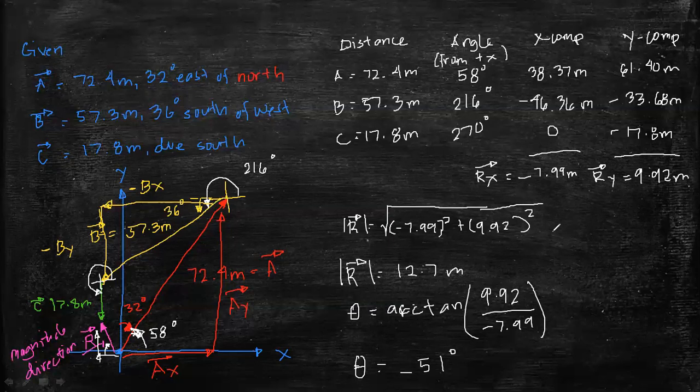Therefore, vector R is equal to 12.7 meter, 51 degrees north of west.